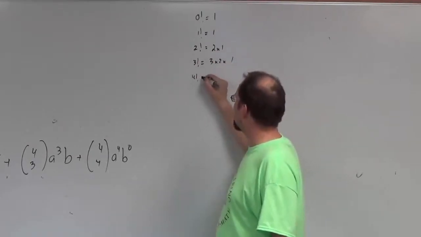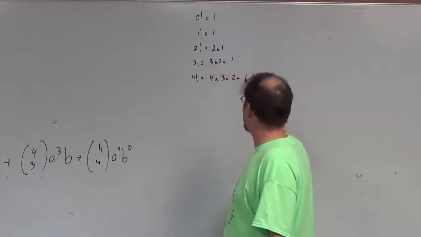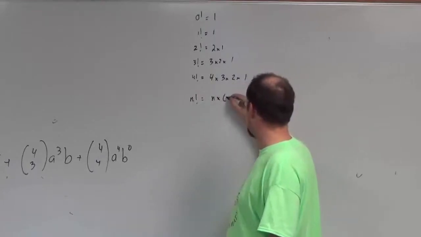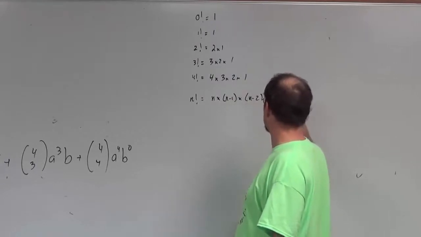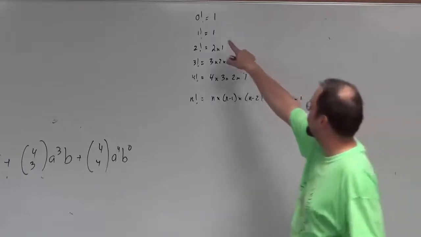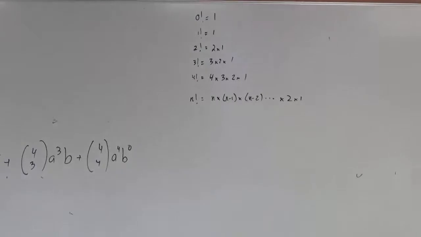In words, n factorial is the product of the first n consecutive positive integers. It's easier to spot the pattern than to articulate the definition. And 0 factorial is defined to be 1. It makes stuff work out.